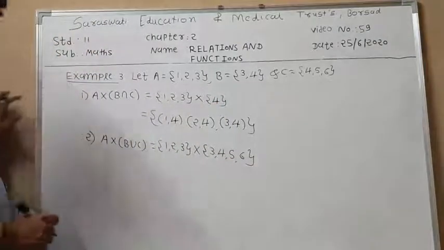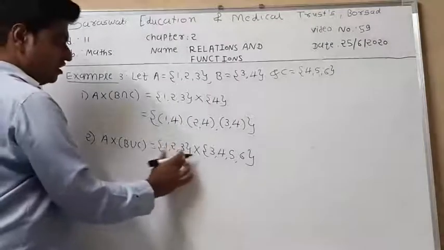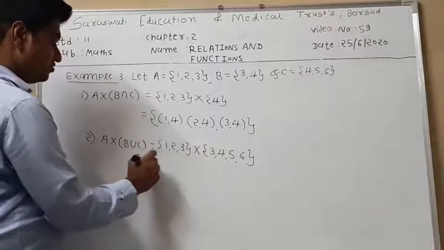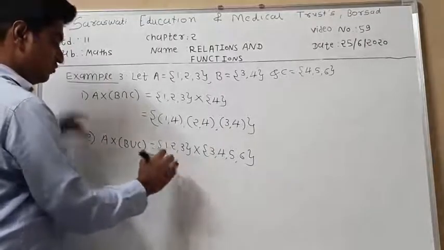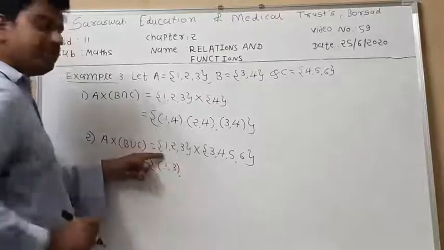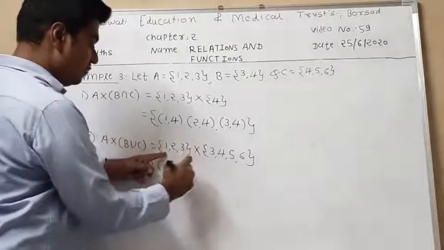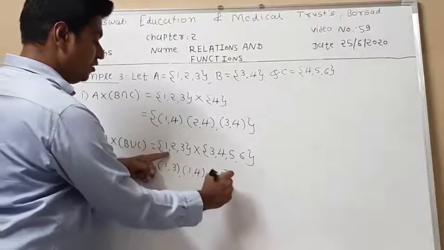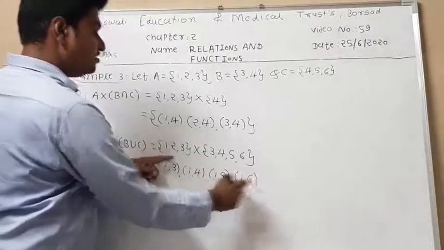Now here 3 elements are present, and here a total of 4 elements are present. So here we can write first ordered pair (1, 3), second ordered pair (1, 4), third ordered pair (1, 5), (1, 6).